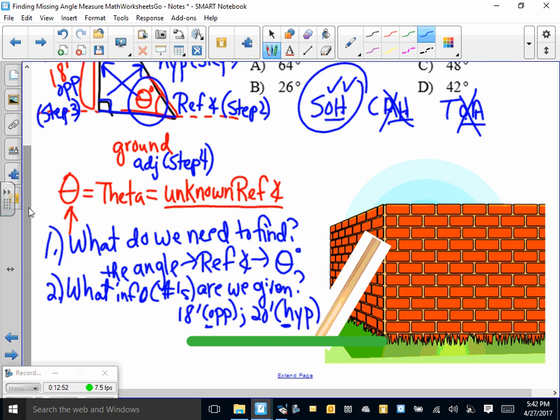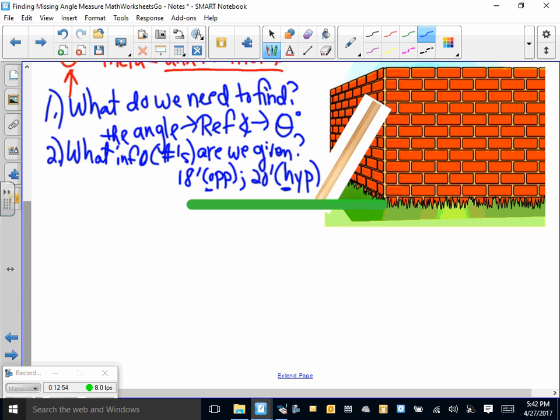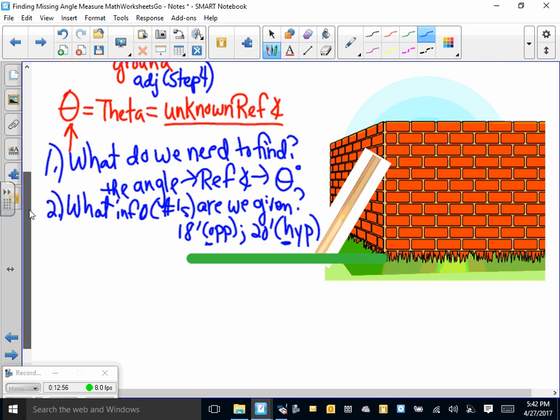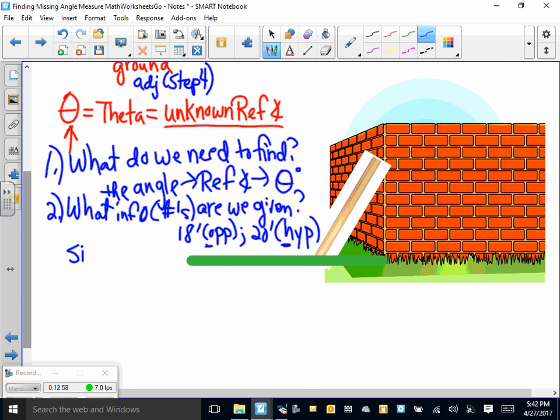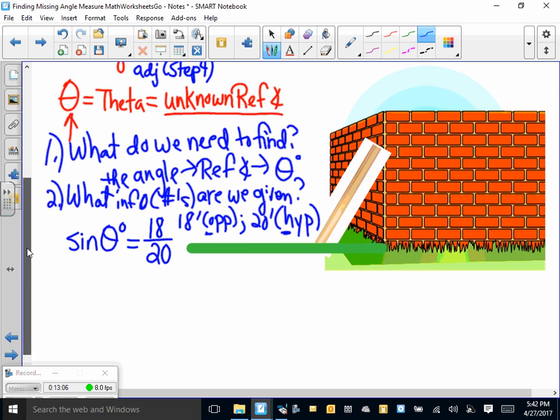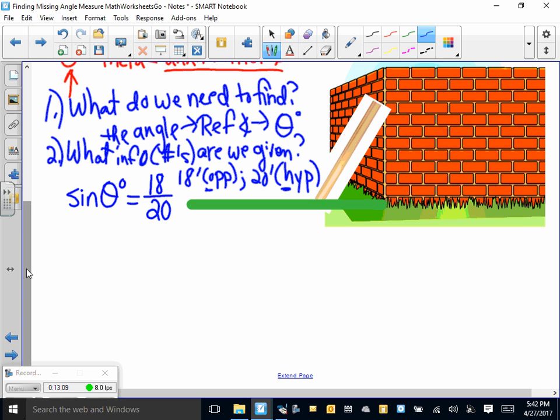So I'm going to plug in what I know. I know that the sine of my reference angle, which is theta, is equal to the opposite, which is 18, over the hypotenuse, which is 20. Now this is where it comes in different. We need to know what that decimal number is.